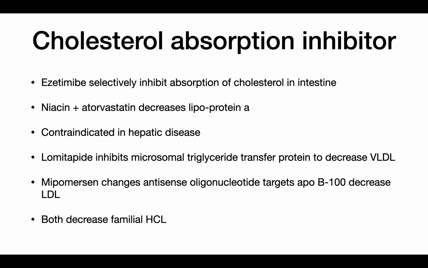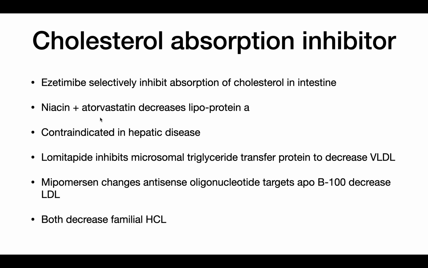The cholesterol absorption inhibitors, such as ezetimibe, are going to selectively inhibit the absorption of the cholesterol in the intestines. So niacin and atorvastatin are going to decrease the lipoprotein A concentration. And these are going to be contraindicated in hepatic disease.